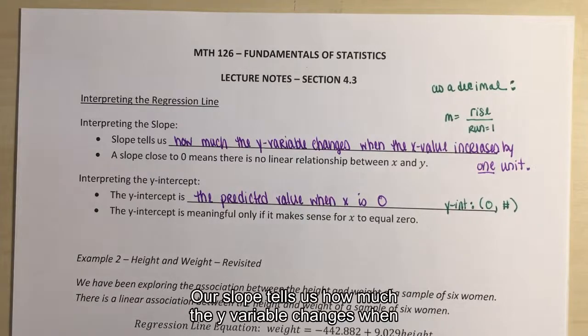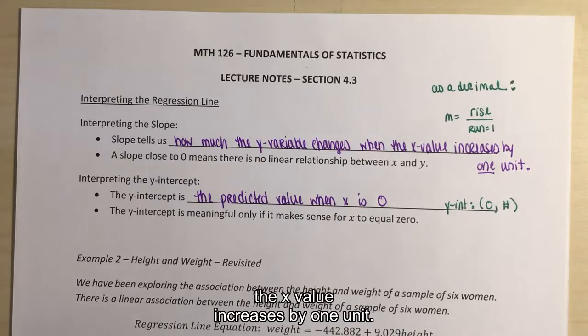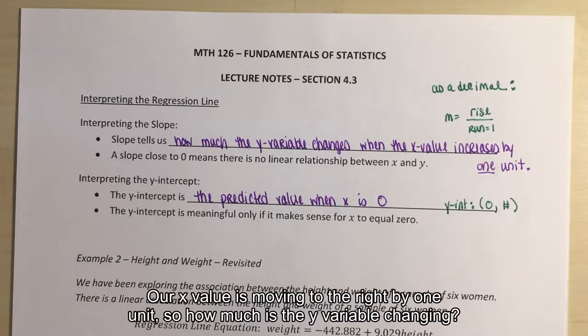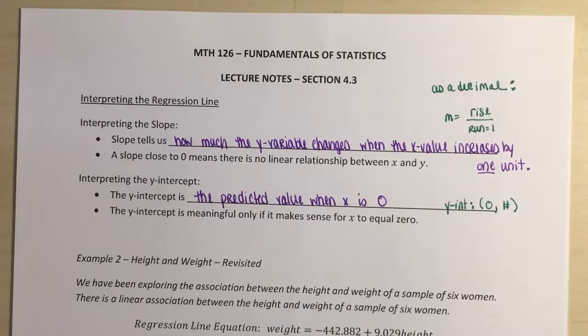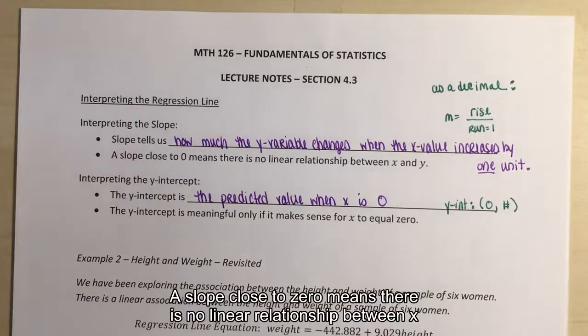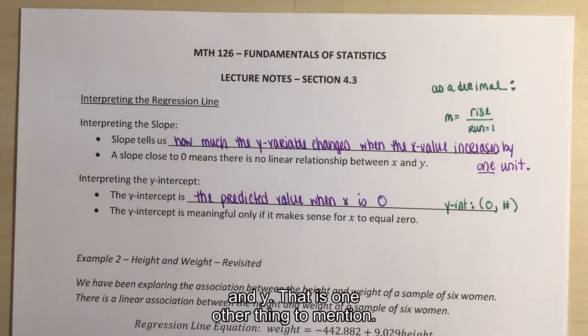So our slope tells us how much the y variable changes when the x value increases by 1 unit. Our x value is moving to the right by 1 unit, so how much is the y variable changing? It increases if the slope is positive, or if we happen to have a negative slope, then it is decreasing. A slope close to 0 means there is no linear relationship between x and y. So that is one other thing to mention.